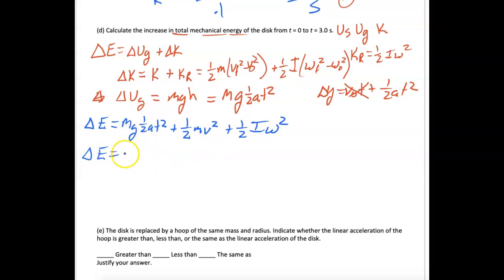So delta energy here is our mass times gravity times 1/2 at squared. We need this thing to go from linear to rotational.